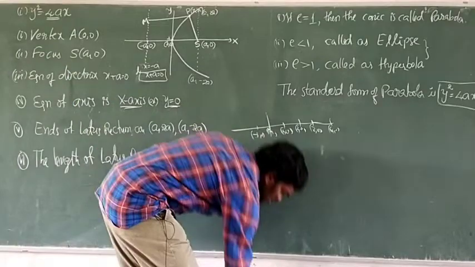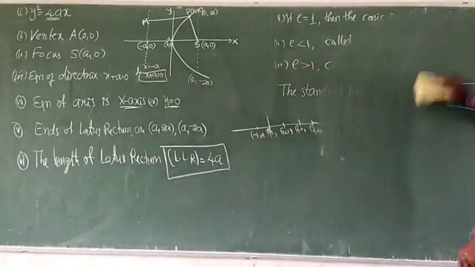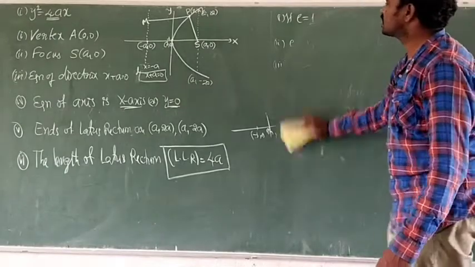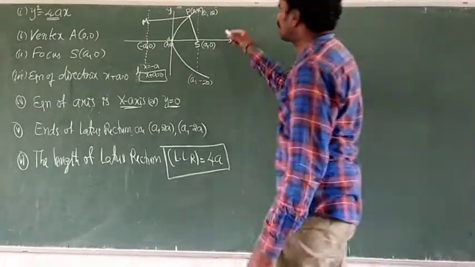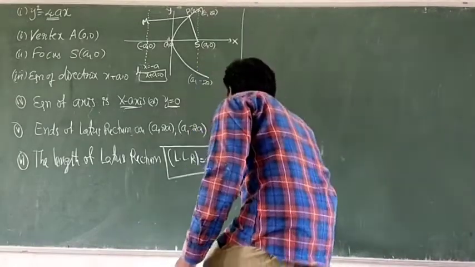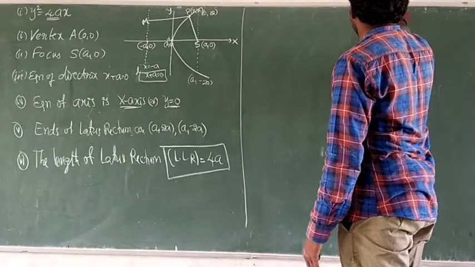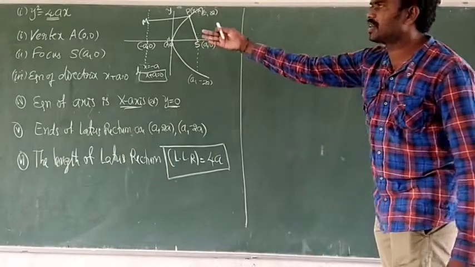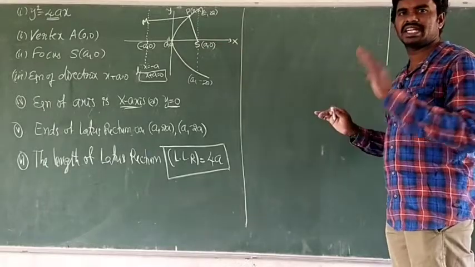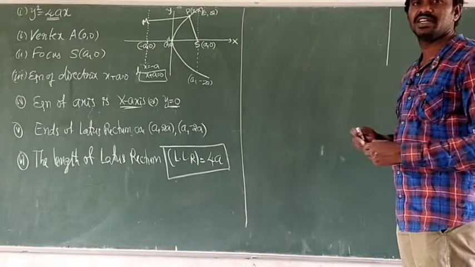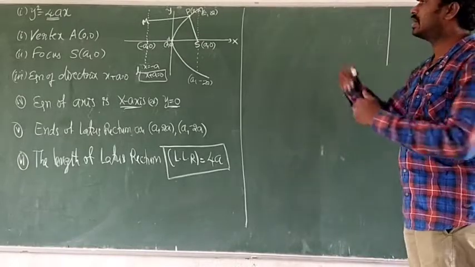And what is the next standard form of parabola? See, the same picture here, vertex is (0, 0). The same diagram, so for each and every vertex we find the focus and so on. Eight things are there, and the remaining seven depend on this.